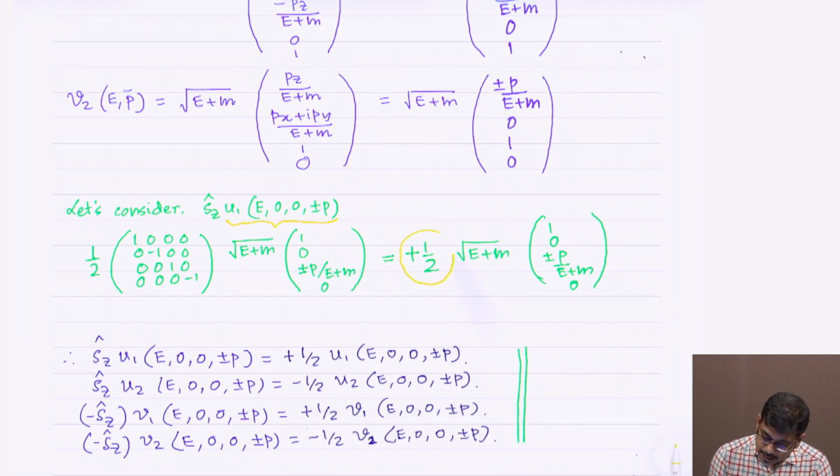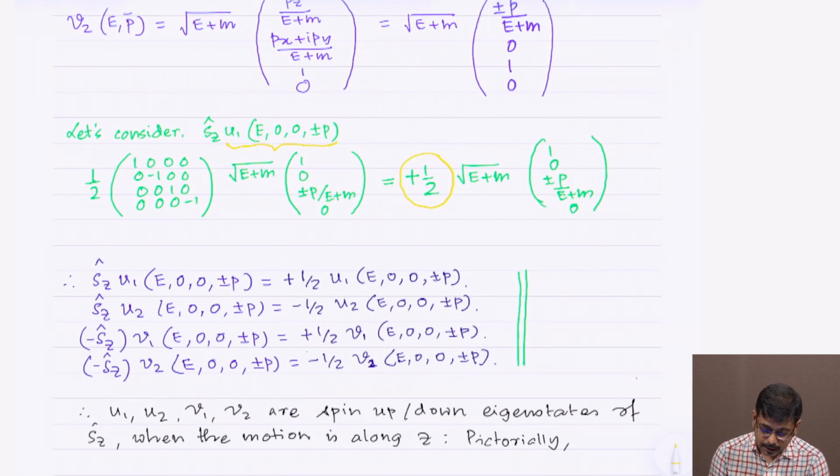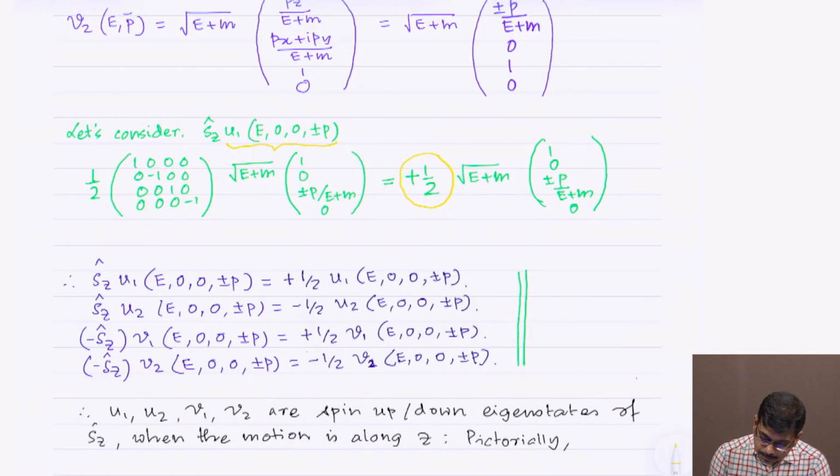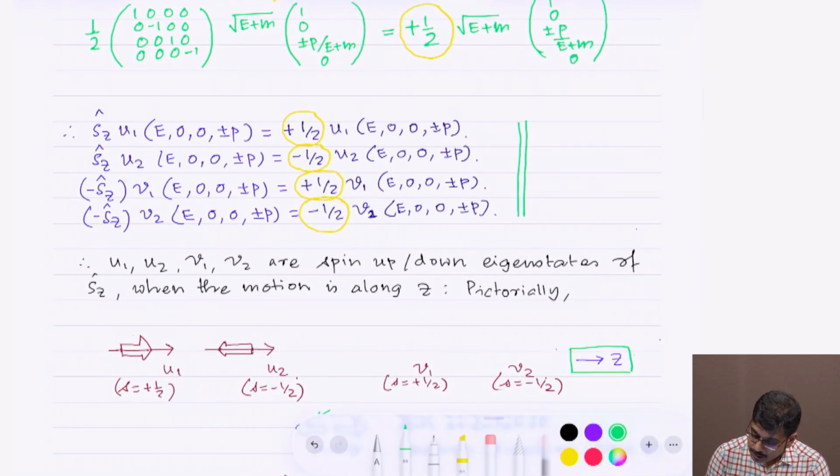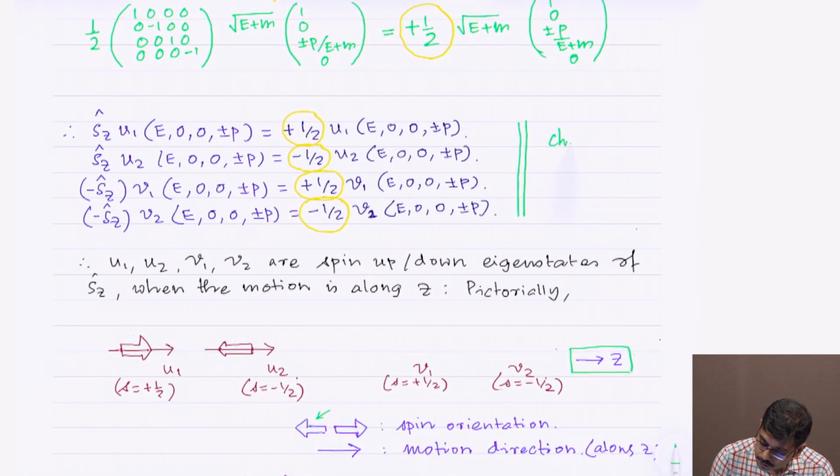You can check this for all of them and you can see that when the motion is along the z direction, these spinors are eigenstates of Sz: Sz u1 is plus half u1, Sz u2 is minus half u2, minus Sz v1 is plus half v1 and minus Sz v2 is essentially minus half v2. Once again I will urge you to check all of them.